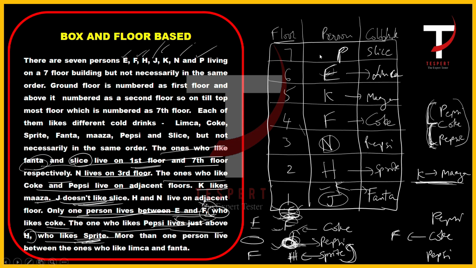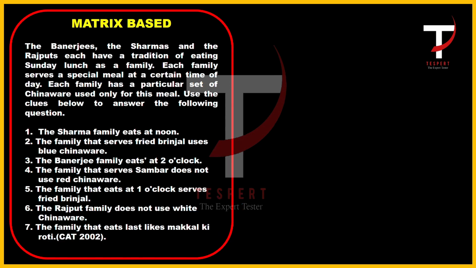Let's move on to the next slide. So this is a matrix-based arrangement. This is a CAT 2002 question. The Banerjees, the Sharmas and the Rajputs each have a tradition of eating Sunday lunch as a family. Each family serves a special meal at a certain time of day.